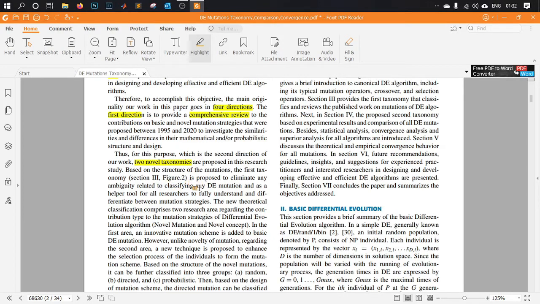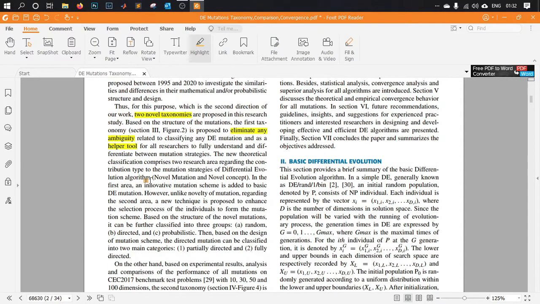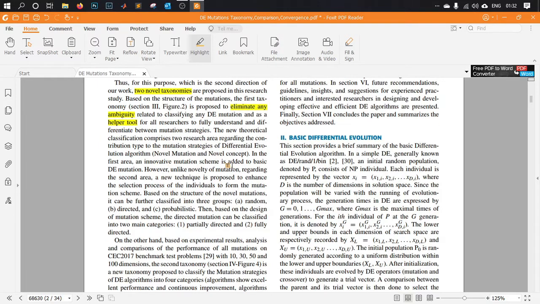The first taxonomy is proposed to eliminate any ambiguity related to classifying mutation and as a helper tool. So they are going to analyze all the various mutations, and this is going to serve as a helper tool, I guess. A new theoretical classification comprises two research areas.